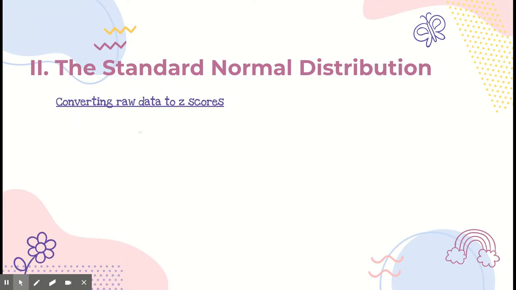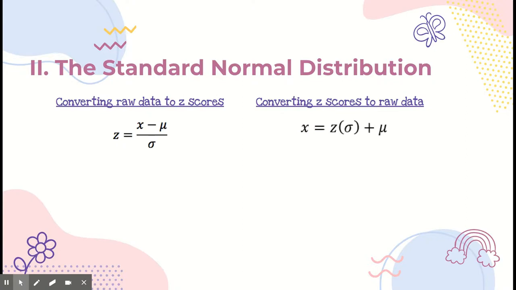When we convert raw data to z-scores, we use the formula z equals x minus mu divided by the standard deviation. When we want to convert z-scores to raw data, we solve for the score. So in this case, we would multiply both sides by sigma and then add the mu. Or x equals the z-score times the standard deviation plus the mean.